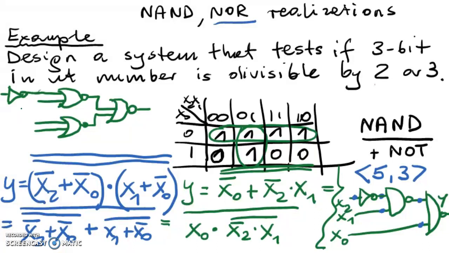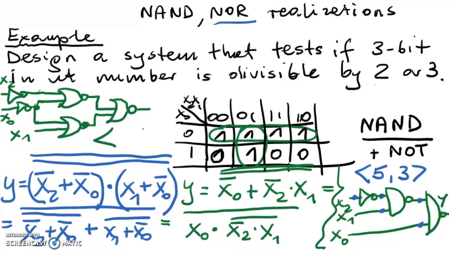You've got x, let's say it is x2, and next you've got x0 here. x0 must be fed in the second, because you've also got not x0, and x1 is the third variable.